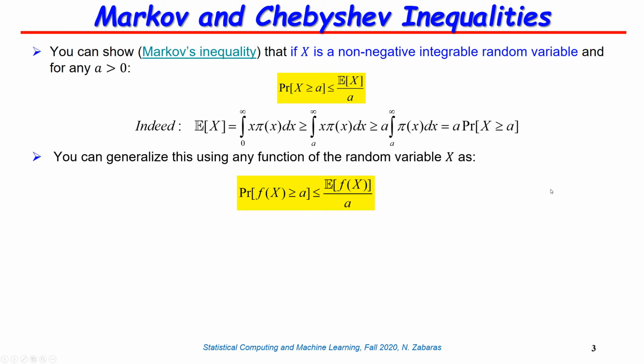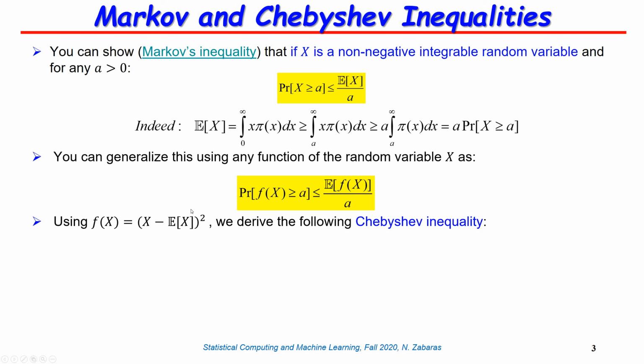So in principle, I can write the equation that you see here on the bottom, that the probability of f of x being greater or equal to a is less than the expectation of f of x divided by a. And I'm going to make certain choices for f of x, again with the assumption that the values I have are non-negative and a is positive.